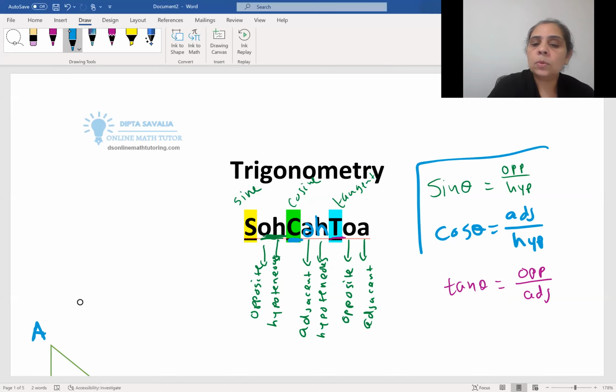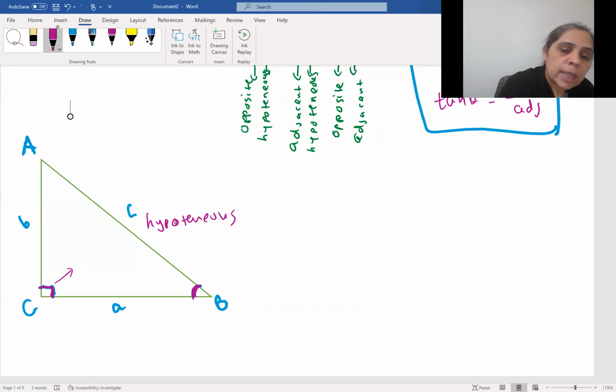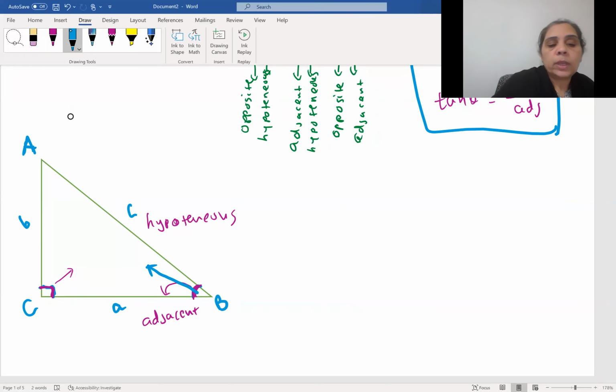We need to find for angle B, so which side is next to B, the closest one? This one, so that is adjacent. And what is the opposite side from B? If you draw an arrow, or keep your finger or pen on it, you can see that is your opposite side.